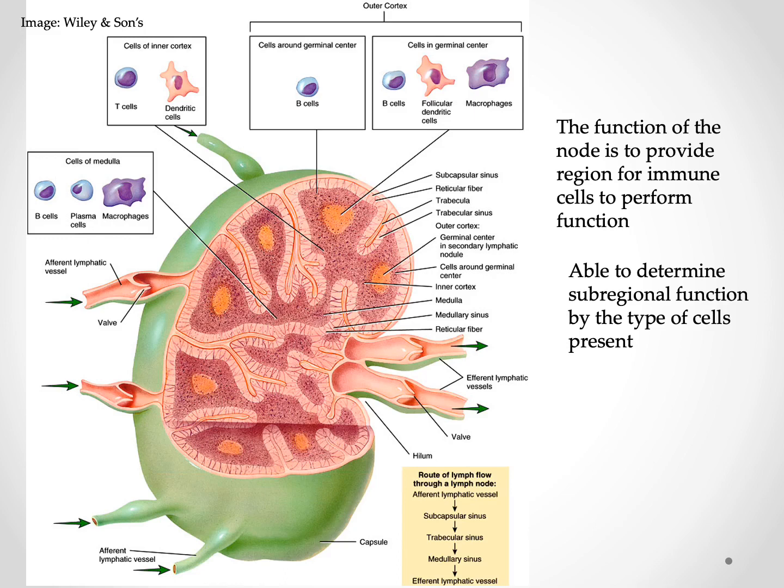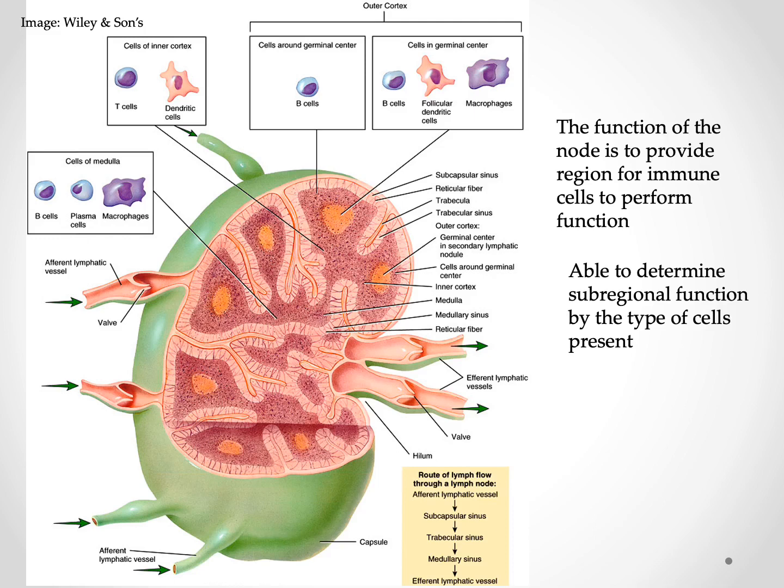Within the lymph node itself, we can look at where we'll see distinct cells within the areas of the lymph node, where within the cortical areas, we will see things like B cells, dendritic cells, and macrophages.